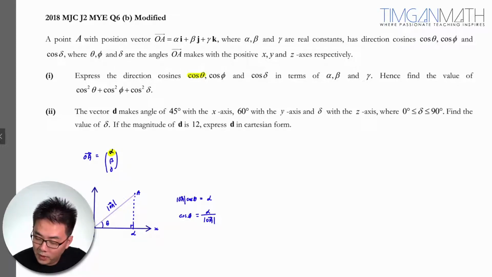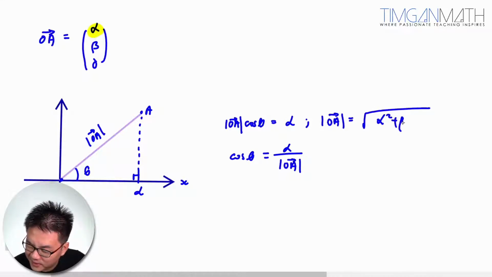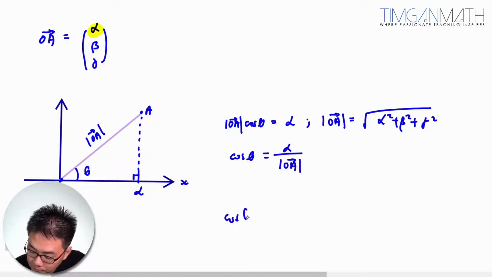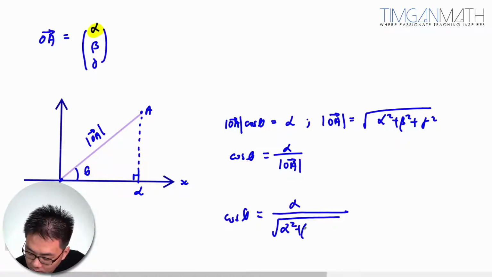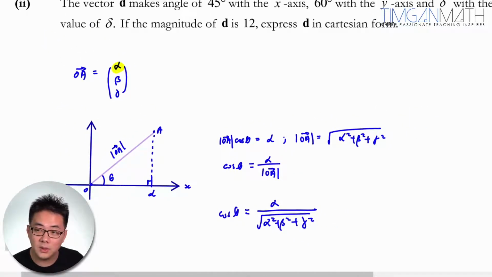So modulus OA is just the square root of alpha square plus beta square plus gamma square. So cosine theta would be alpha over the square root of alpha square plus beta square plus gamma square. So that's your cosine theta.